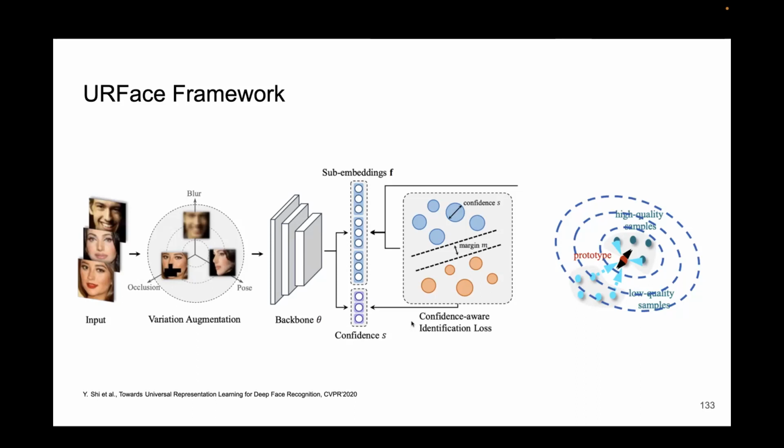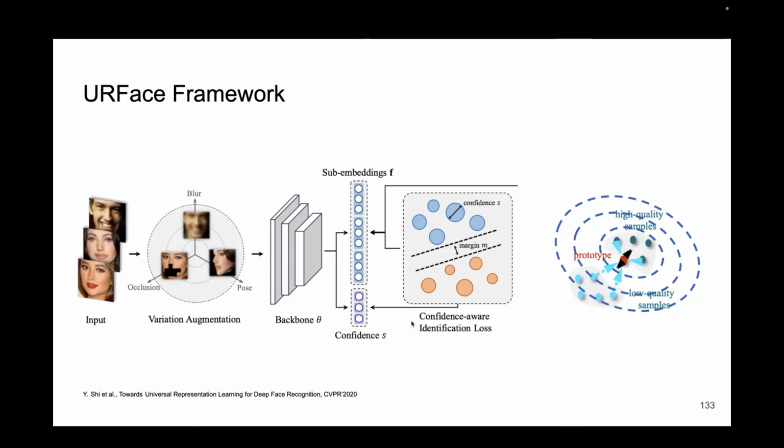From the loss side, here we also introduce an uncertainty-aware, or confidence-aware, penalty on the identification losses. The high-level idea is that the confidence from clean, high-quality images is much more trustworthy compared to uncertain ones.